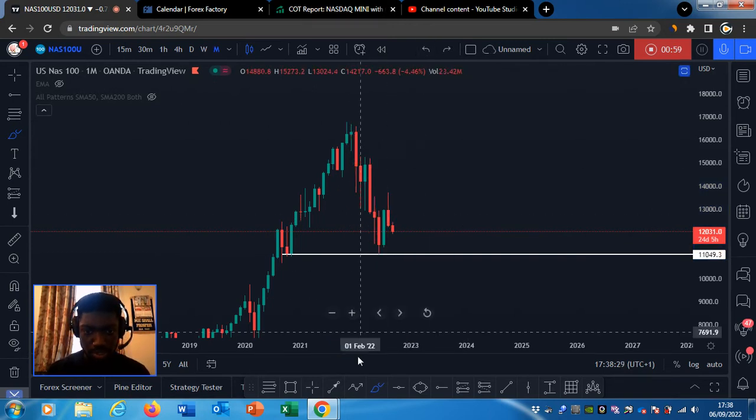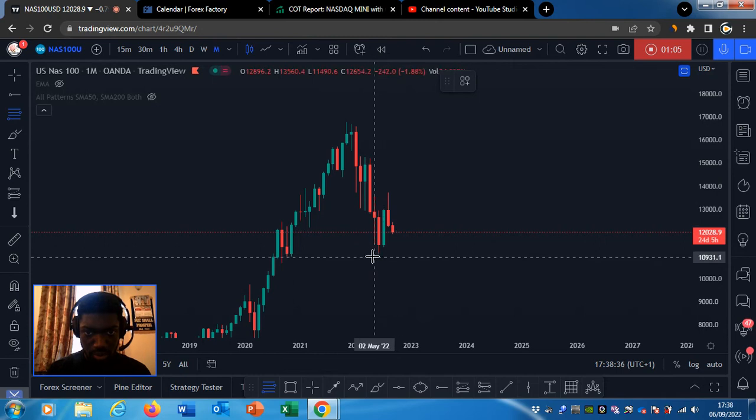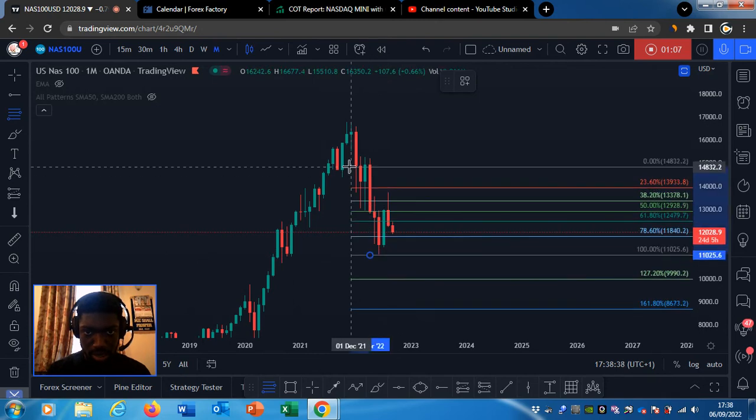Now going back to what we see, from our last previous price, we saw that price was in what we call a pullback or retracement zone.